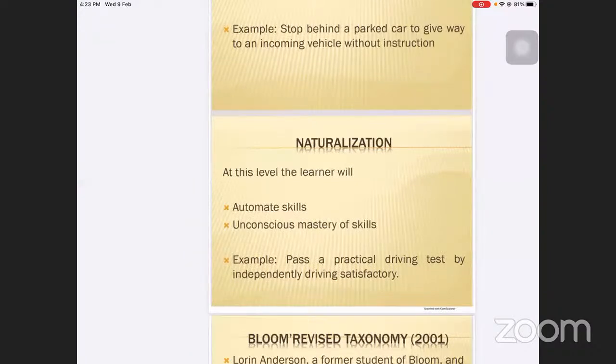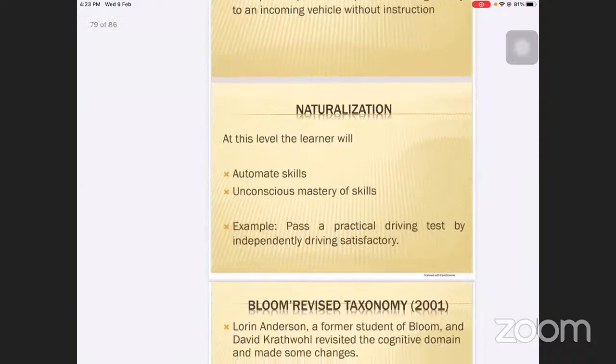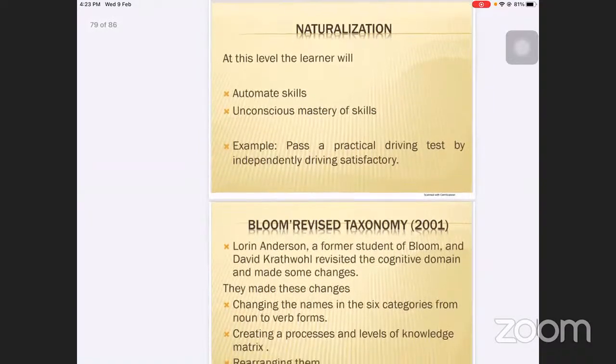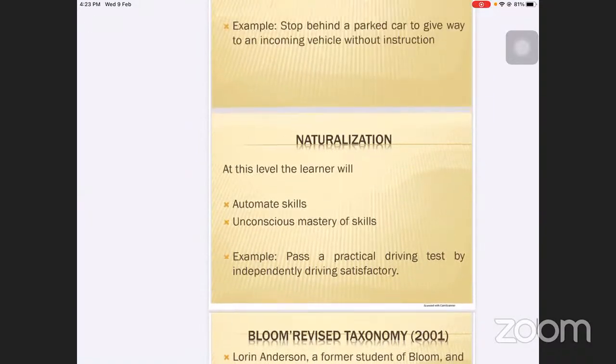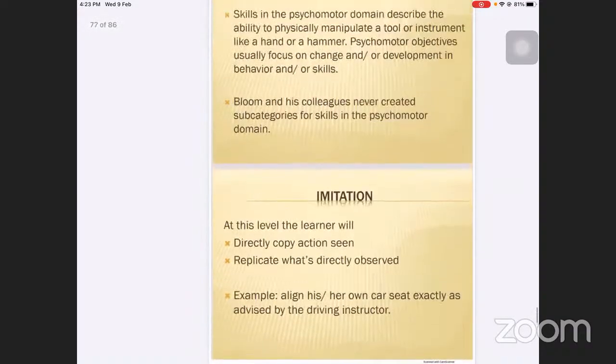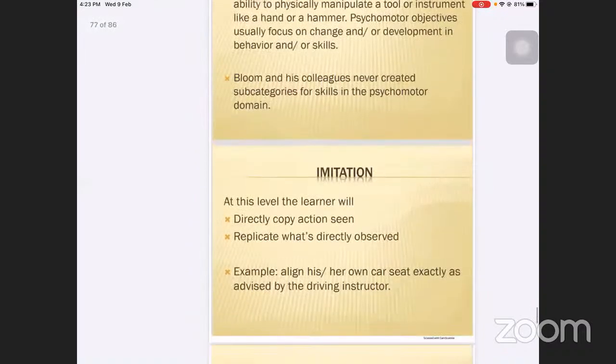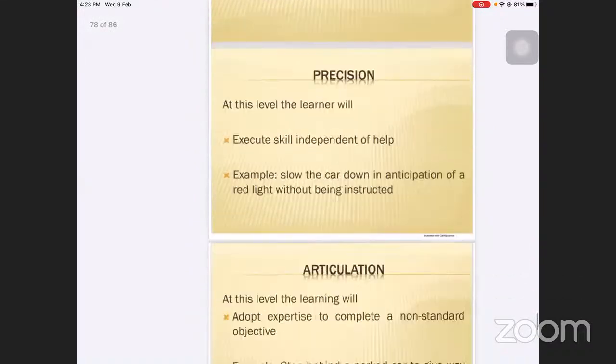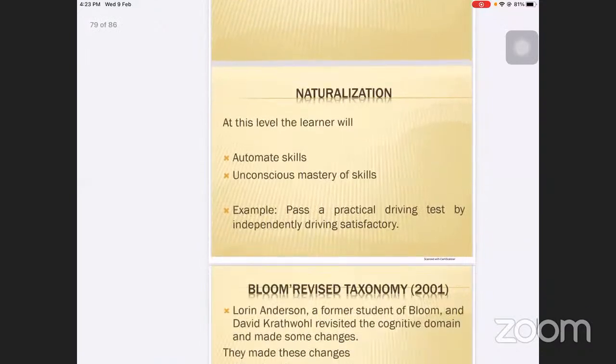In practical life, he always applies these all. And finally, this is all about the psychomotor domain, that says that imitation, manipulation, precision, articulation, and naturalization.